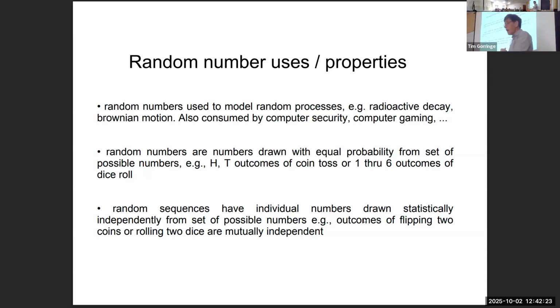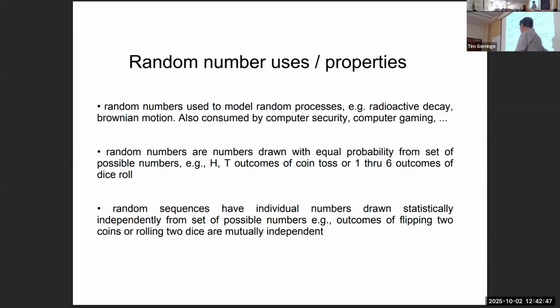If I flip two coins, whether the second one is a head or a tail is independent of whether the first one is head or tail. That's a random number sequence. If I roll two dice, the number I get on the second roll is independent of the value I got on the first roll.